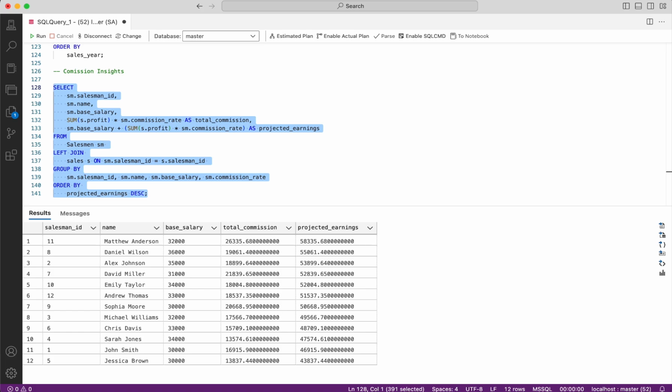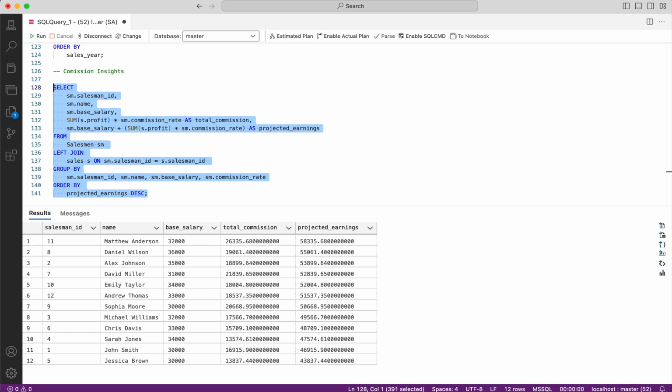Well, just by looking at this, we can gather that our top performer is Matthew Anderson. He has a base salary of $32,000. And his total commission amounted to over $26,000, which was calculated at a 7% commission on $376,000 in profit. So his projected earnings is going to be a little over $58,000, which is a combination of his base salary and his commission.